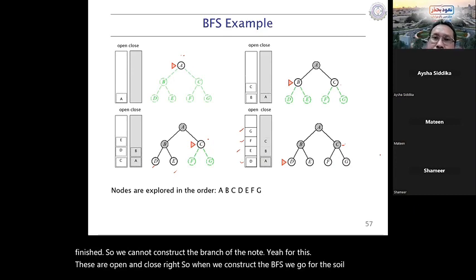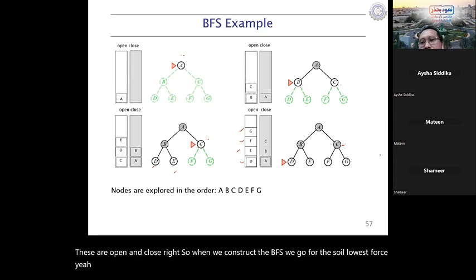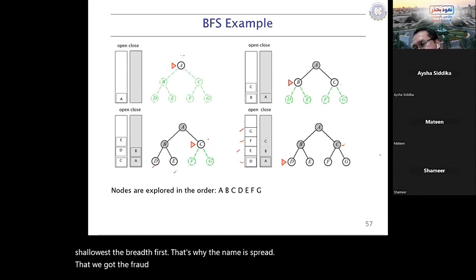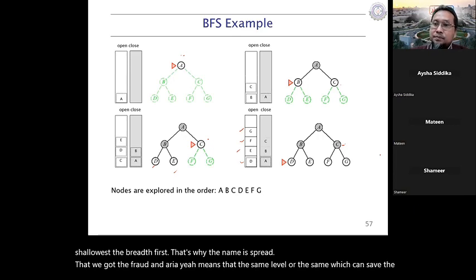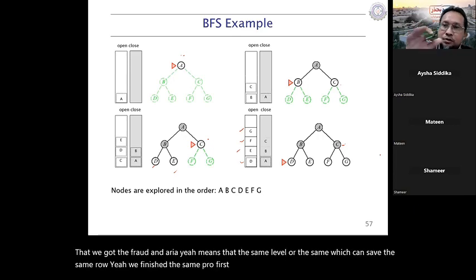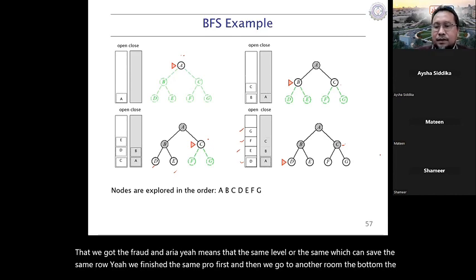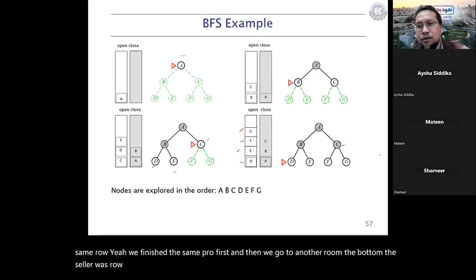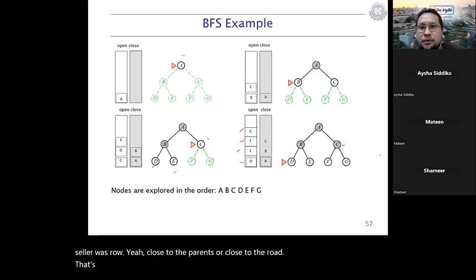That is why it is called breadth first: we broaden the area, finishing the same level, the same row, first, and then go to the next row below, close to the parent or the root. That is the way of BFS.